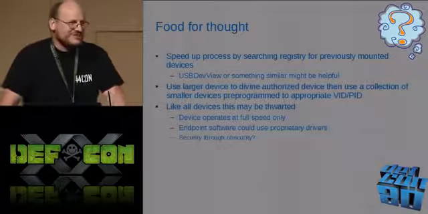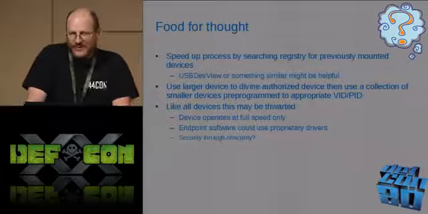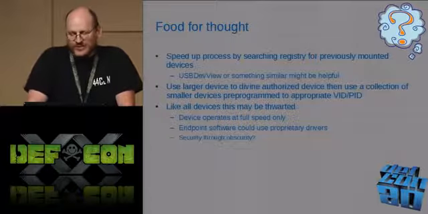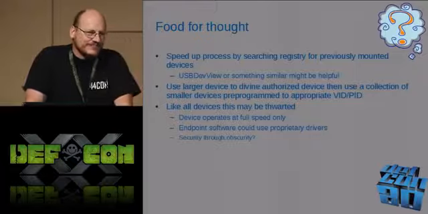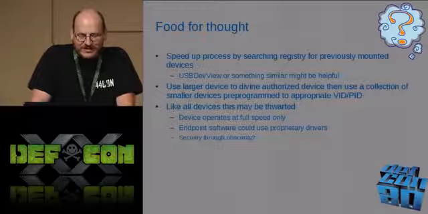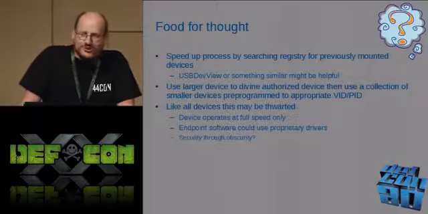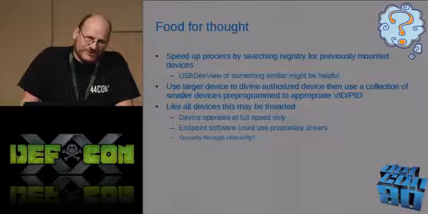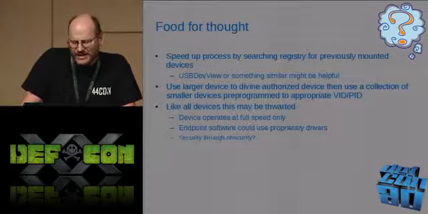All right, just a little food for thought. Where could we go from here? Well, we could possibly speed it up again if you look in the registry and try to find an authorized VID/PID that's more previously loaded. By the way, if you're not familiar with USB Dev View, it's a nice little tool. It tells you all kinds of useful information on previously attached USB devices, not just mass storage.